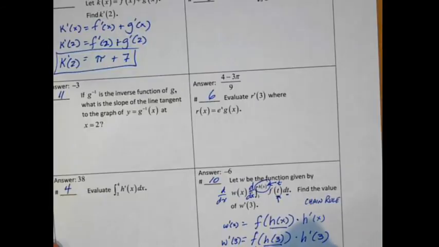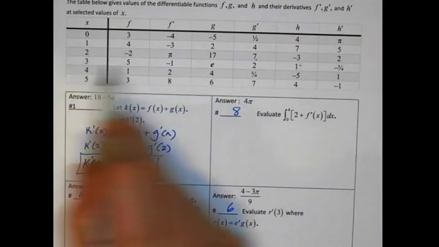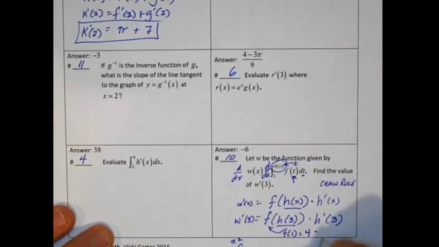So this value becomes f of 1, which is 4, and then times h prime of 3. H prime of 3 is negative 3/4, which cancels out the 4's and gives you a value of negative 3.